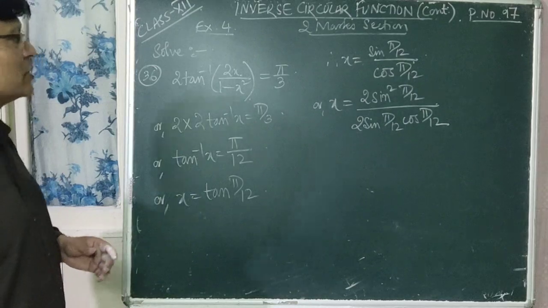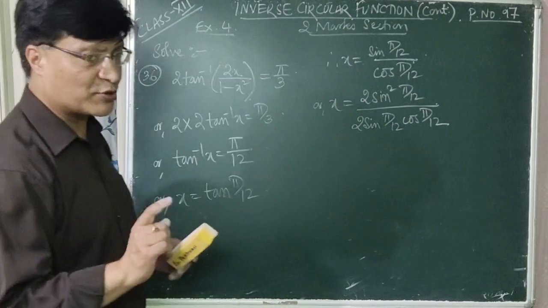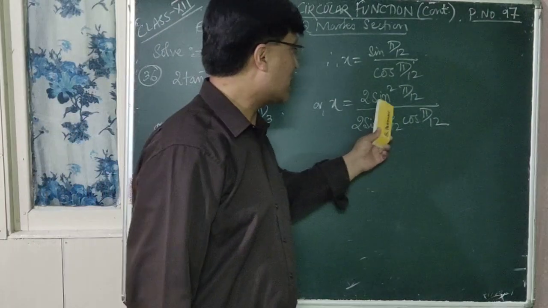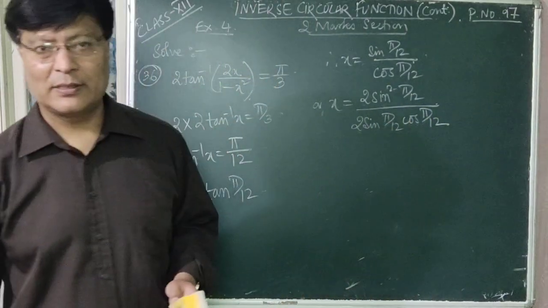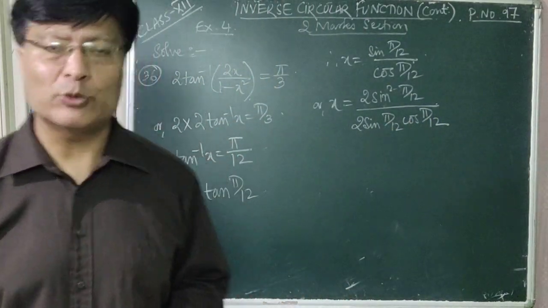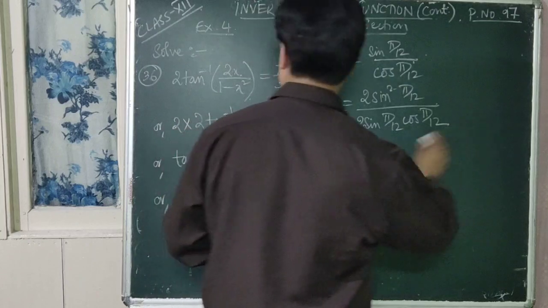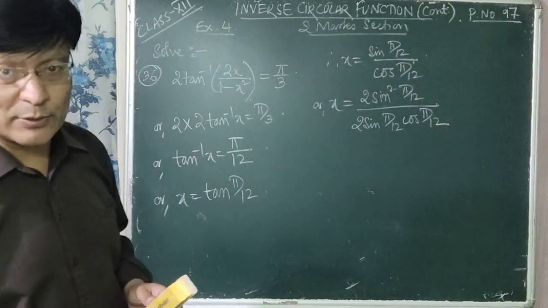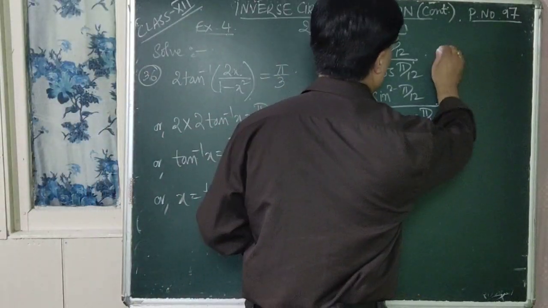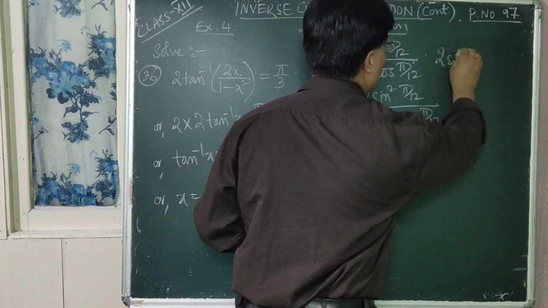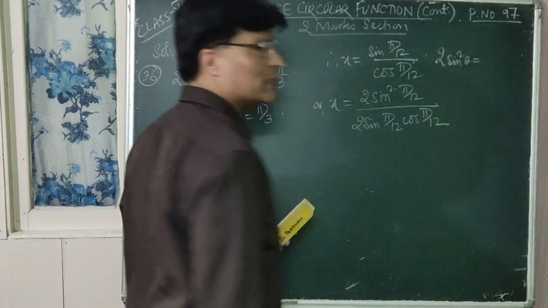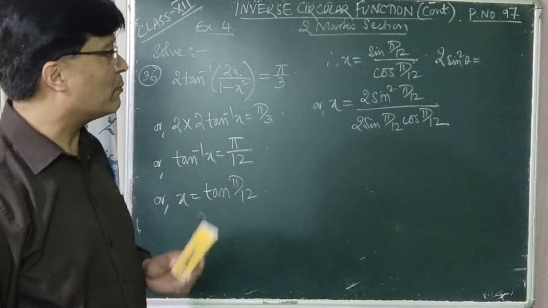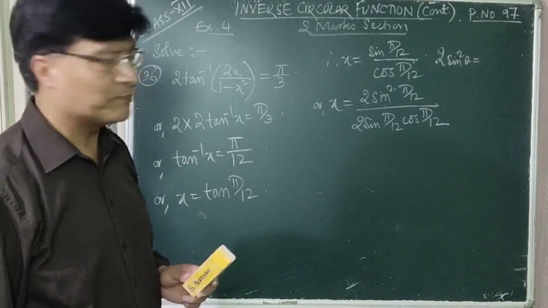So now we have to use the formula here from trigonometry. 2 sin square theta is there. Here theta is pi by 12, right? So you know this formula 2 sin square theta. Can you tell me what is 2 sin square theta? 2 sin square theta is equal to, what is the formula? That is from multiple angles in trigonometry, right?